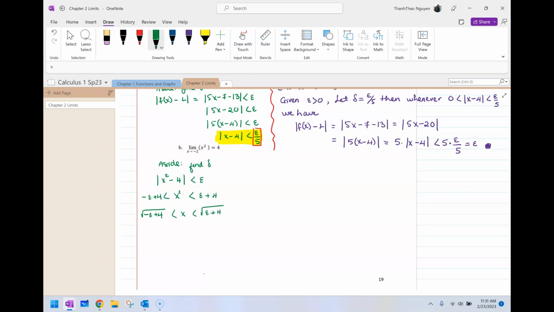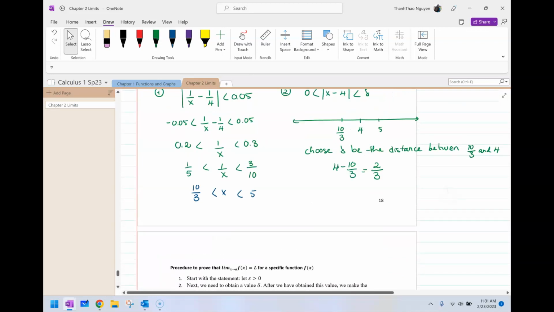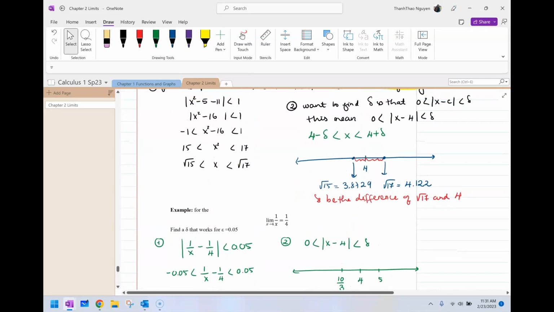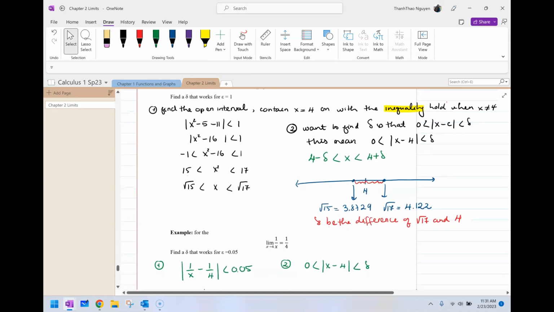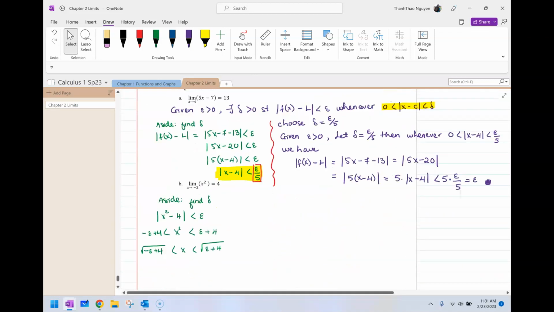Now, we want to choose the delta. So x here is in this interval that we want. Recall our previous example: we want to choose the smallest distance, the shorter distance between the center of the interval and the endpoints. So we look for the minimum.